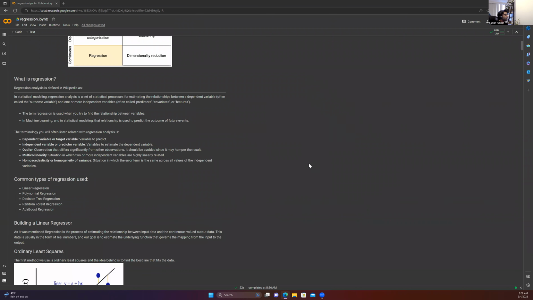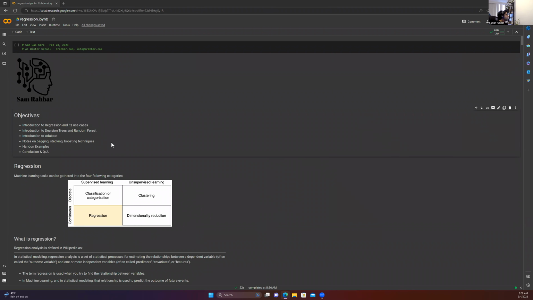If you see my screen, I put all these objectives here. We're going to have an introduction to regression and its use cases in industry. We are going to have another introduction to decision trees and random forests, AdaBoost, and some notes on bagging, stacking, and boosting techniques used in the industry. I'll try not to get too mathy.